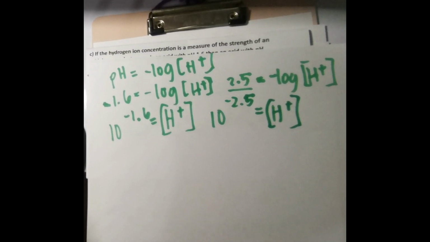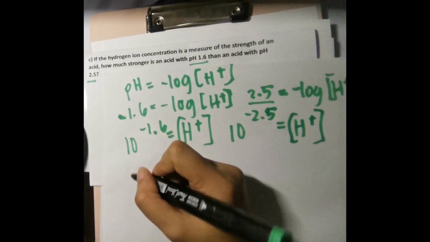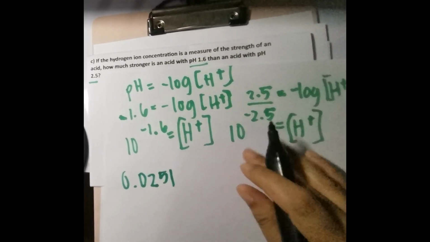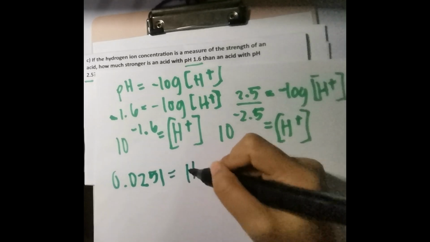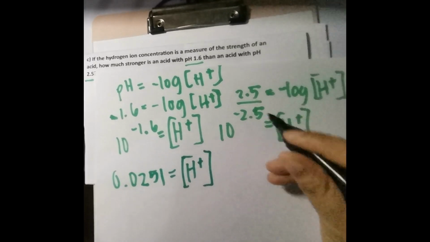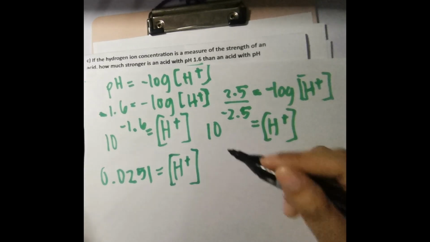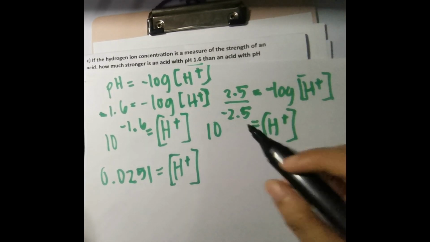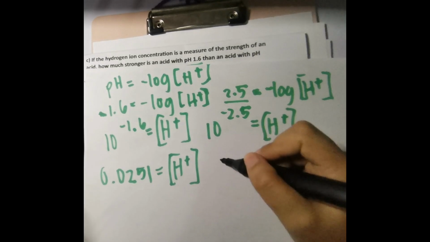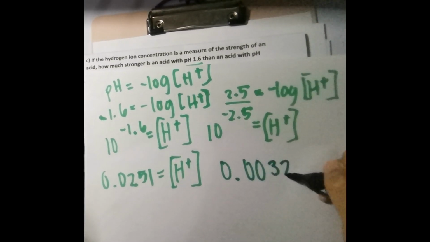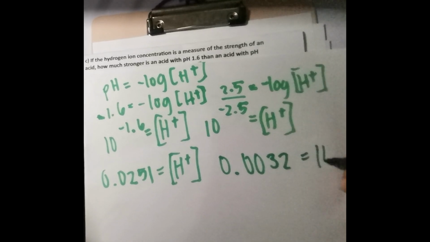Evaluating, we will have 0.0251 is equal to H plus, and 10 raised to negative 2.5 is equal to 0.0032 is equal to H plus.